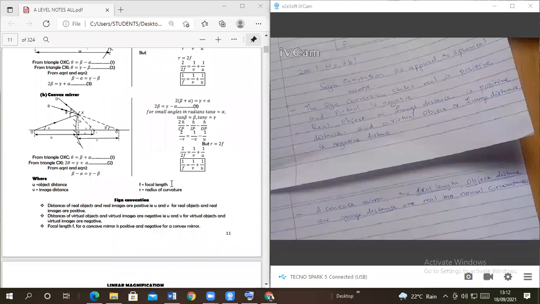Are you listening? People can decide to mute. When I ask you questions, I've asked you, when do we have a negative image distance for a concave mirror? When do we have that, where the image distance is virtual or negative?